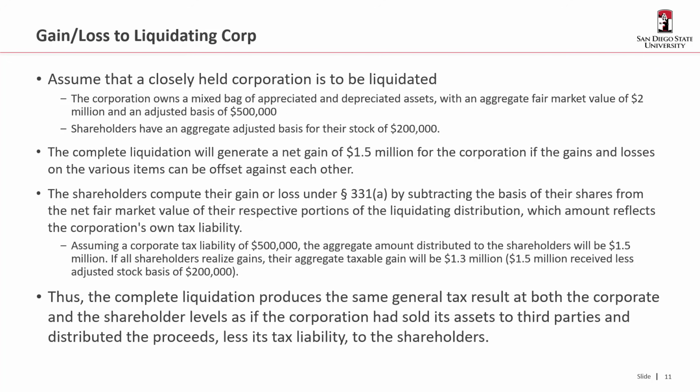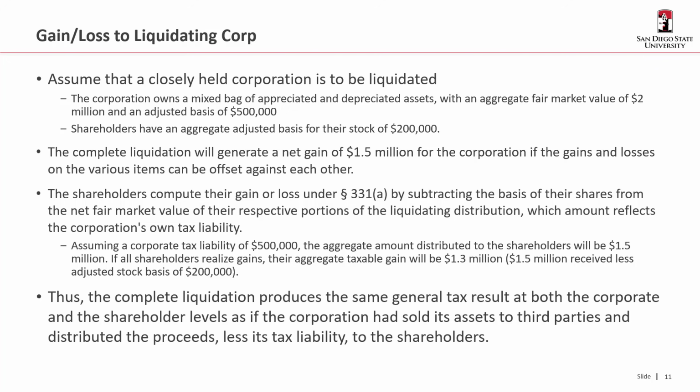So what's left is the cash that's left over after the sale of all the assets, the payment of all the liabilities, including, of course, the payment of the tax liability. So assuming a corporate tax liability of $500,000, which I think is just a third, it's just made up, the aggregate amount distributed to the shareholders would be $1.5 million.